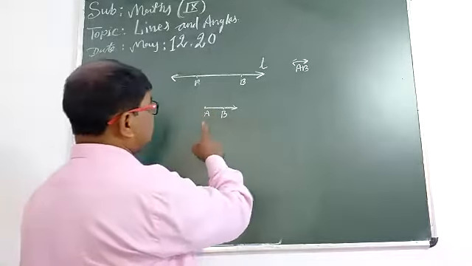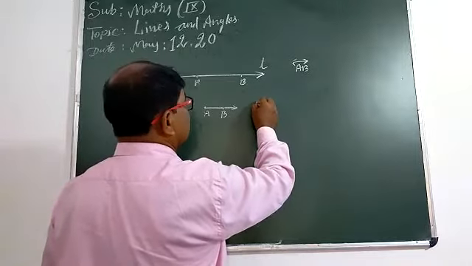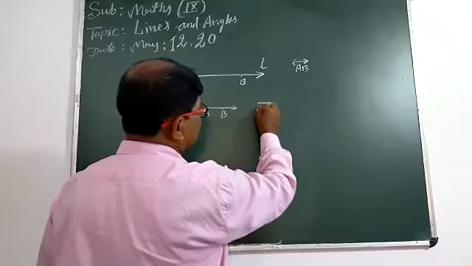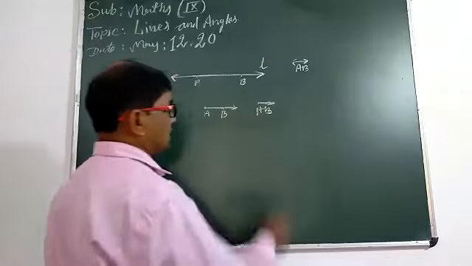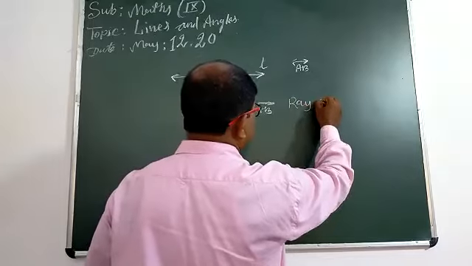This type of part of a line is called a ray, and you can write it in this way: ray AB.